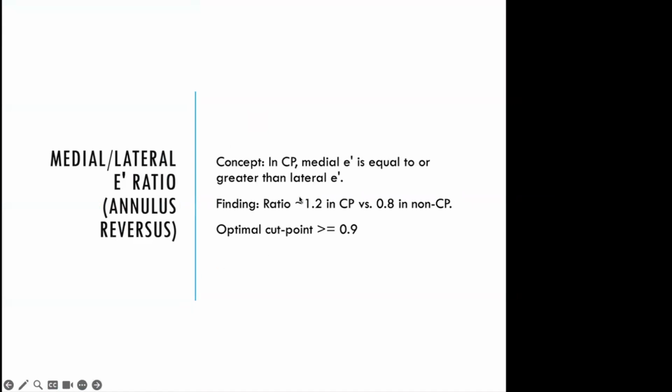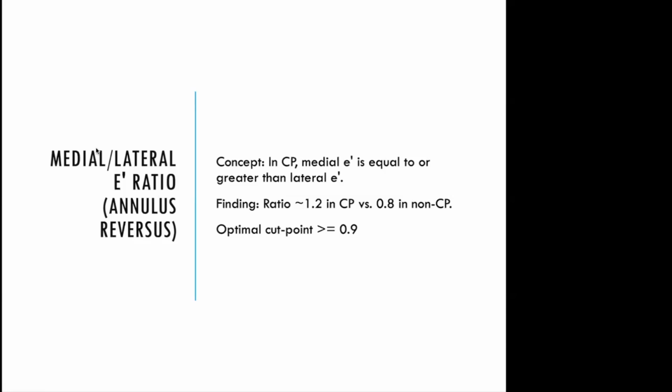Conceptually, we'll talk about the medial and lateral E prime ratio, or annulus reversus, which is related to the last variable. Generally the lateral E prime is higher than the medial E prime. In constrictive pericarditis, the thickened pericardium restricts the movement of the lateral annulus because it becomes tethered to the pericardium.